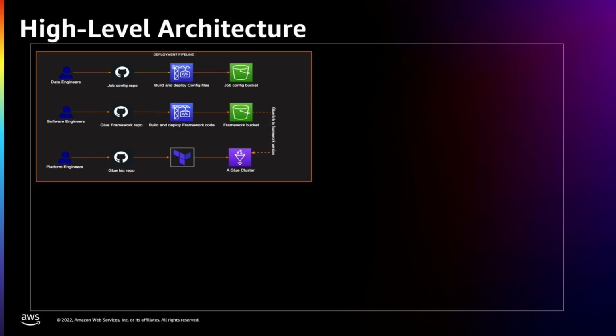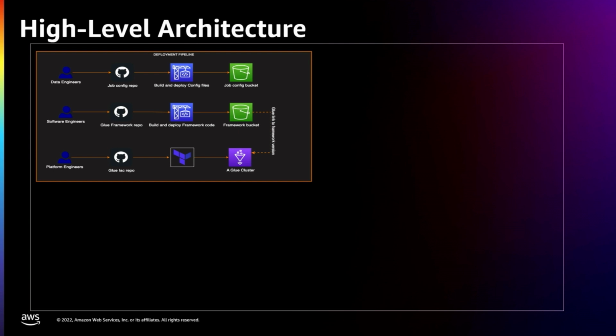All right, so the first piece is our developer pipeline. In this instance, we have 3 personas that we're catering to. We have our data engineers, our software engineers, and our platform engineers. Our platform engineers are the guys that are going to make sure that from an infrastructure standpoint, everything is golden. They're spinning up the Glue environment and all the tooling that comes with Glue to make the ecosystem work.